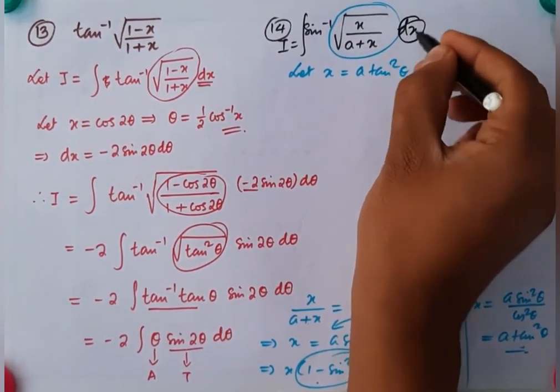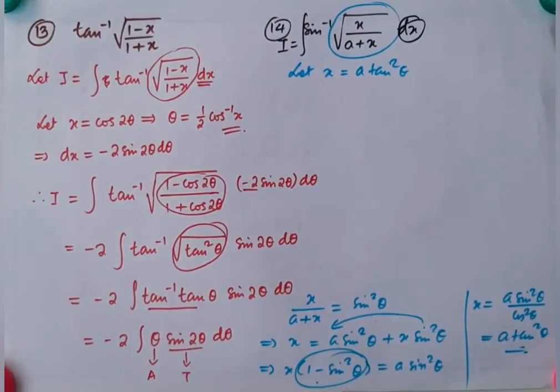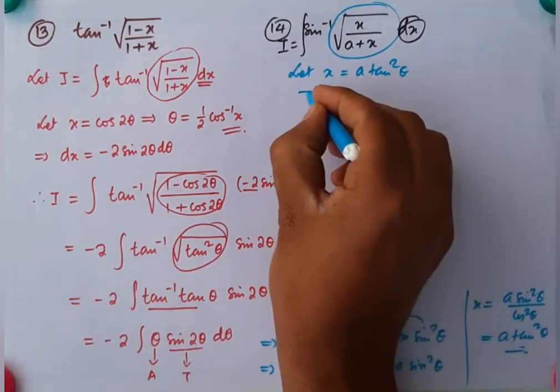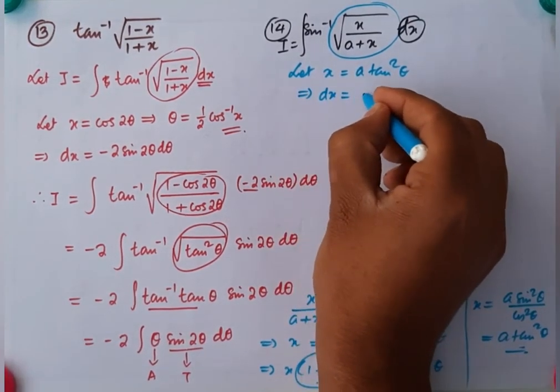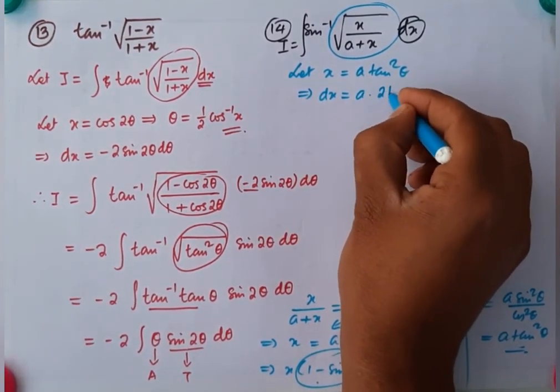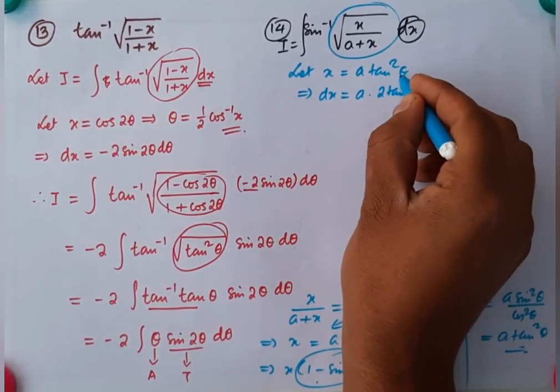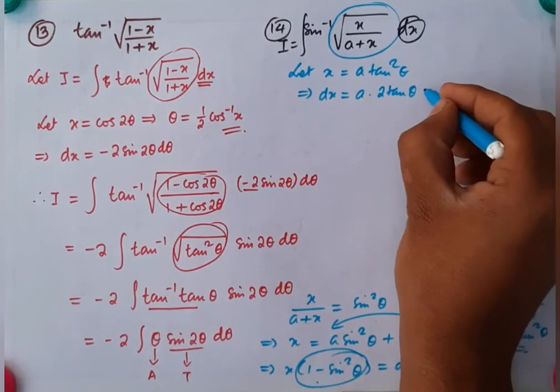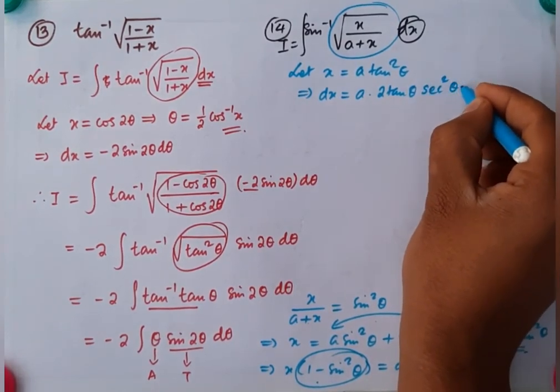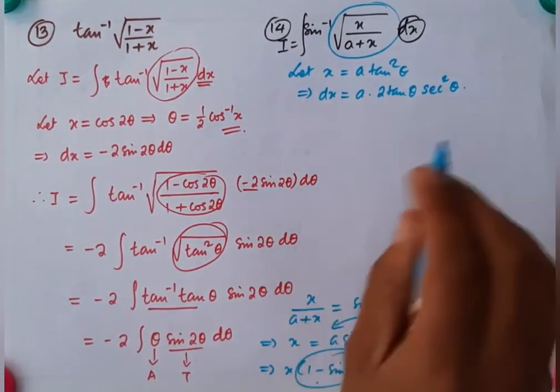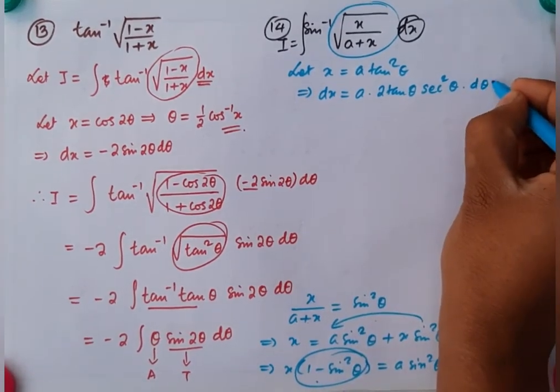Let's find the value of dx. For that we need to differentiate this one. So you will get dx equals a into 2 tan theta. Now this is for the power. For tan theta, what is the differentiation of tan? It is sec square theta. Remember this. Okay, fine. So this is my dx, remember.